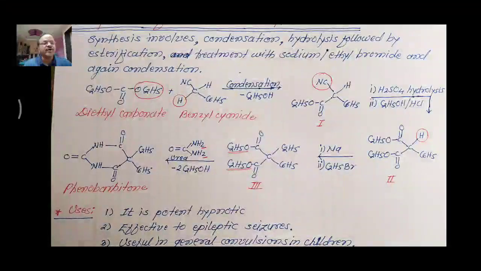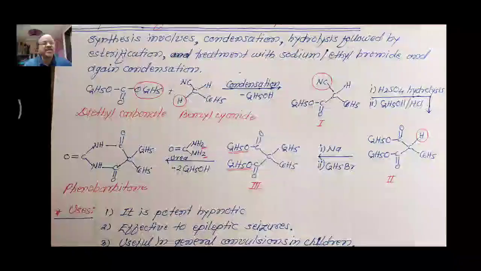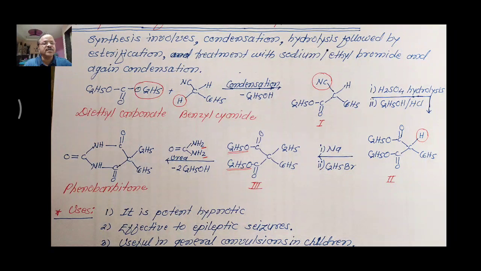Now again, this compound 2 consists of one acidic hydrogen, which is shown by a red circle. Why is this hydrogen acidic, or why can we remove this hydrogen in the form of an H plus ion? Because it is linked to a carbon which is flanked between two carbonyl groups, two C double bond O groups.